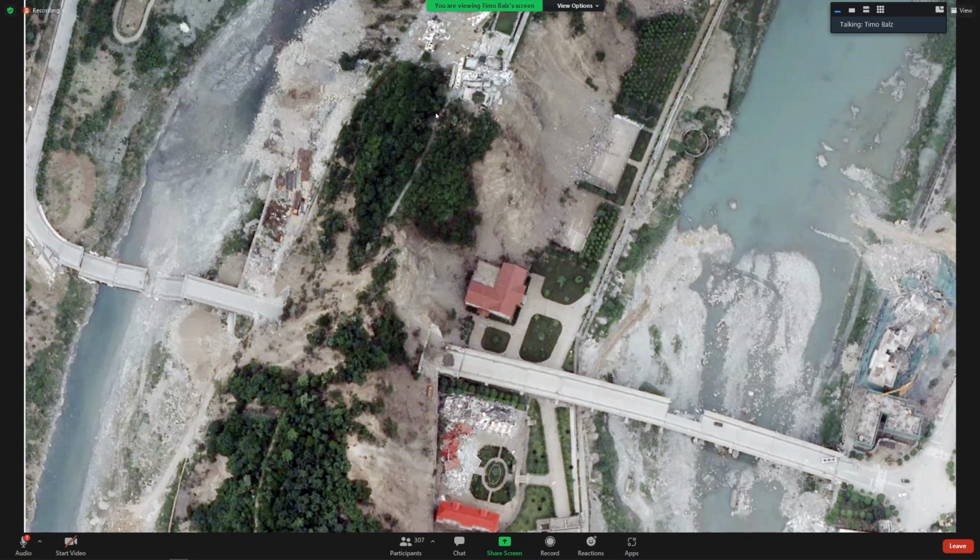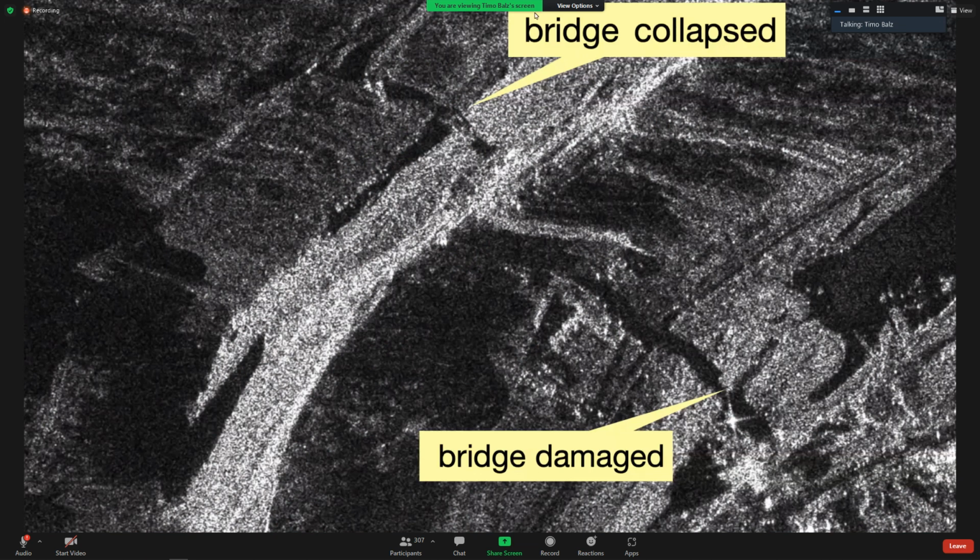Right, and also in the SAR image we can identify that. We can identify the damaged part of the bridge here, and we can also identify the collapsed part of the bridge. If you're not really used to SAR images, you can identify that because I make big pointers there and point you to it.